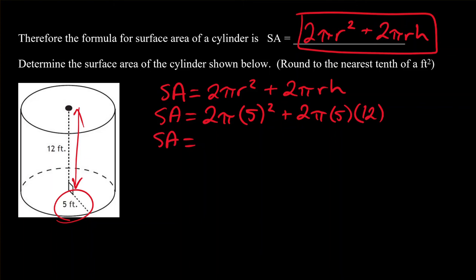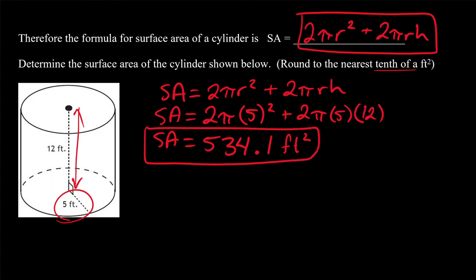So we'll just do this calculation all at once. If I punch that into my calculator, I get 2 pi times 25 plus 2 pi times 60. So I'm going to get 534. We want to round to the nearest tenth. 534.1 square feet. Perfect.